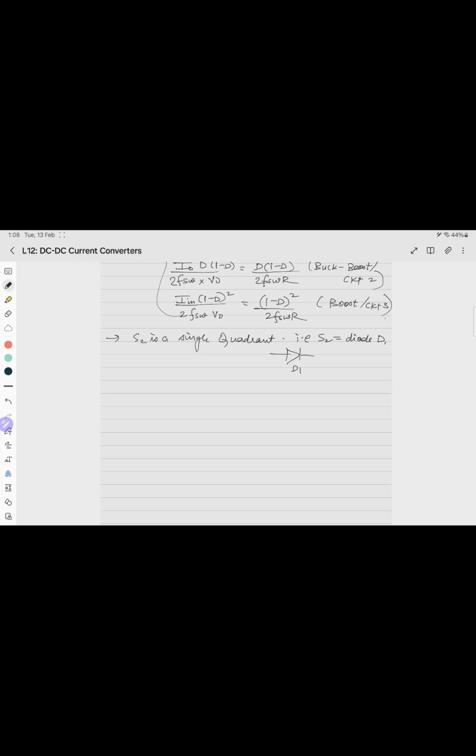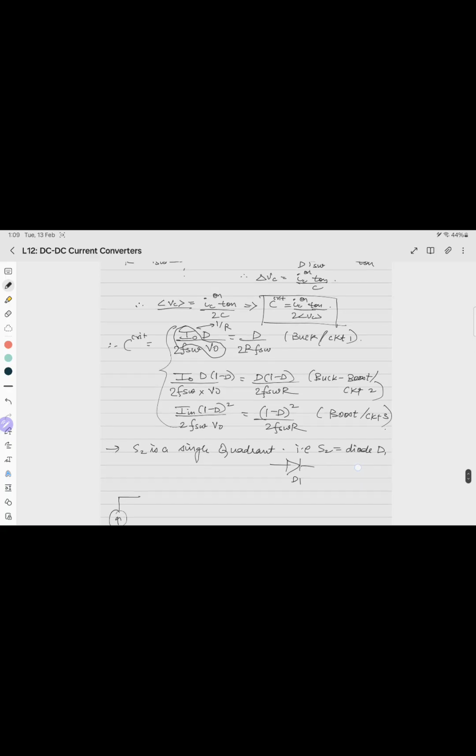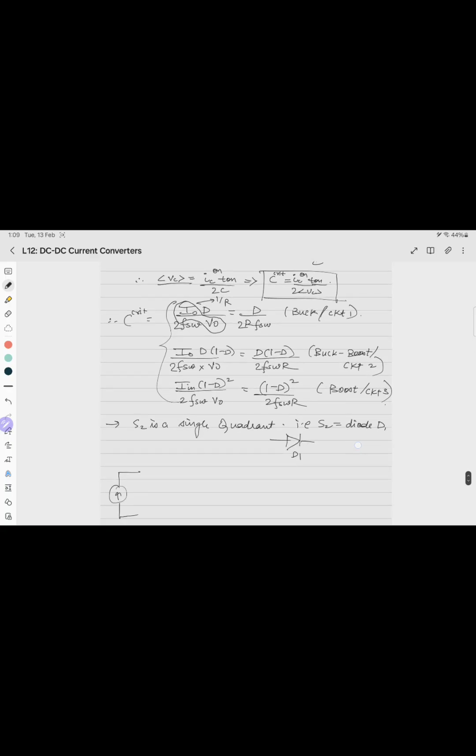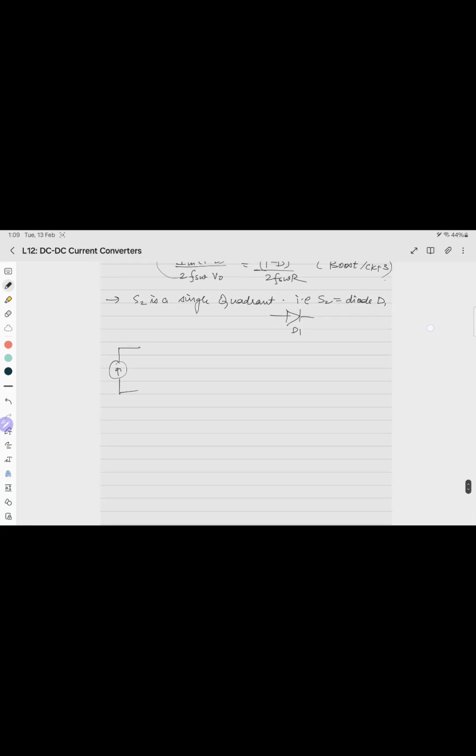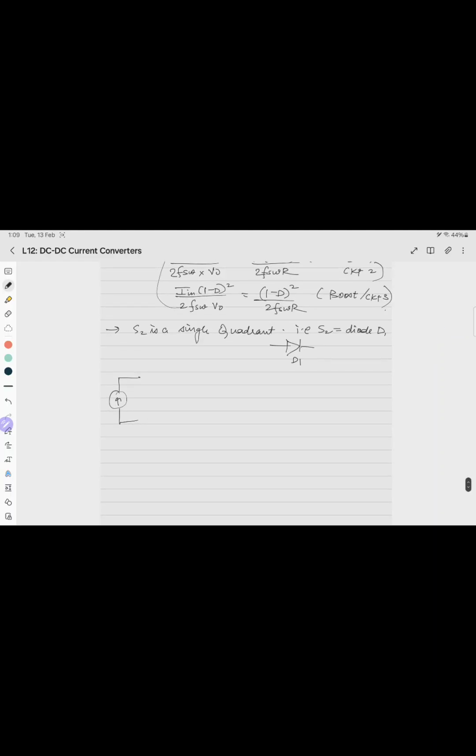So what we can do is, we are now done with the analysis of the DC-DC current converters. Now if you want to formulate higher order DC-DC voltage converters using these DC-DC current converters, what you should do is replace a voltage source with this cell.